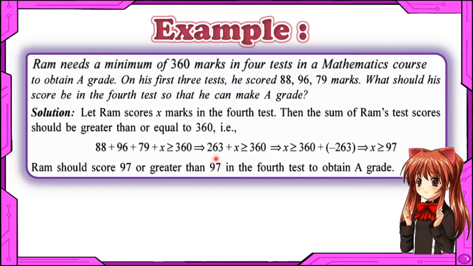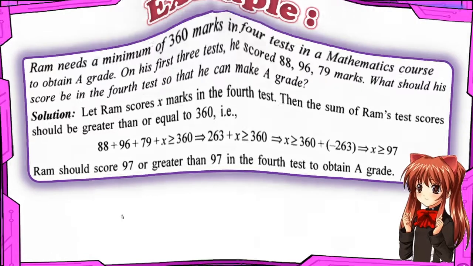Add it, 263 plus x greater than or equal to 360, and now x should be greater than or equal to 360 minus 263, which is 97. So Ram should score 97 or greater than 97 in the fourth test to obtain grade A. That's how we solve real life problems by using inequalities.